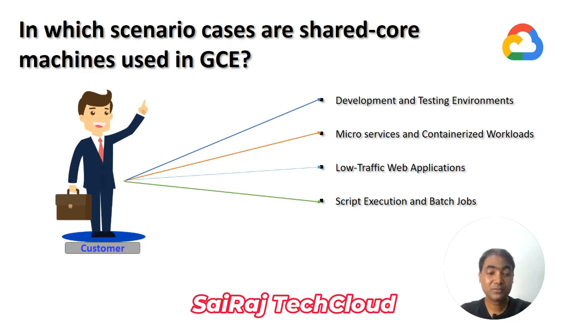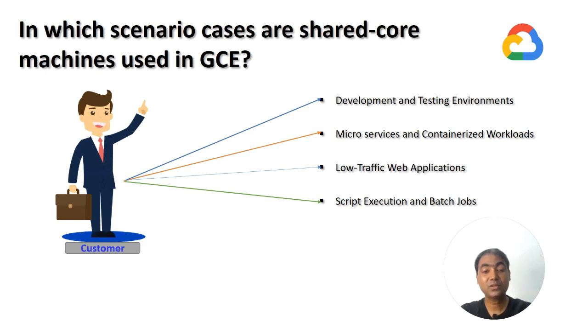For microservices that handle lightweight tasks and do not require a dedicated vCPU, shared core instances can be suitable for these microservices and containerized workloads. As you know guys, low traffic web applications. Small websites with low traffic may not require a full vCPU. Shared core instances can handle these types of workloads efficiently.